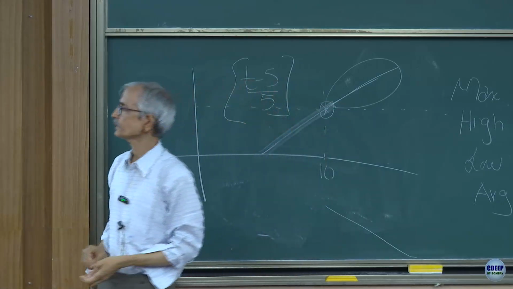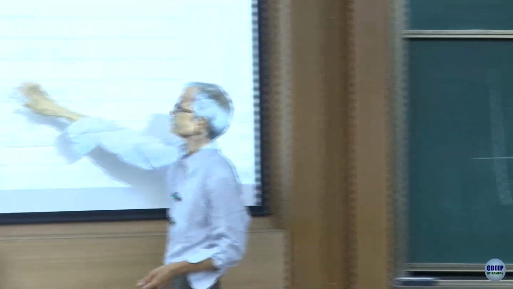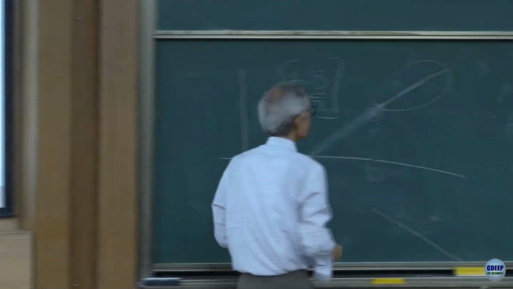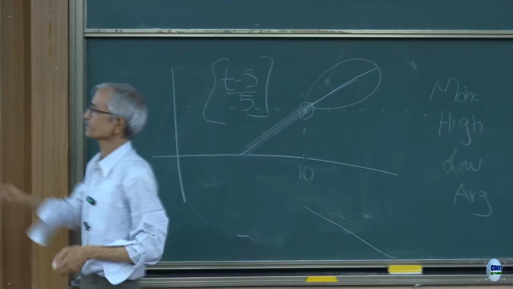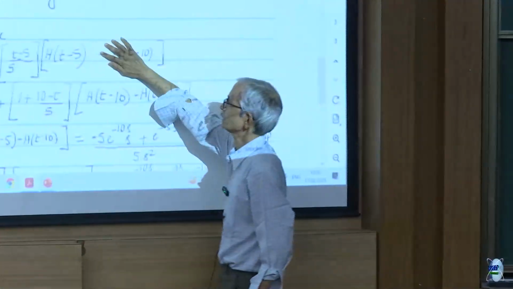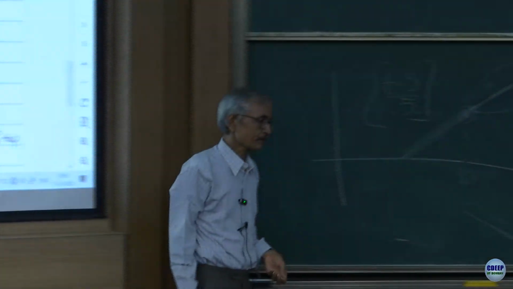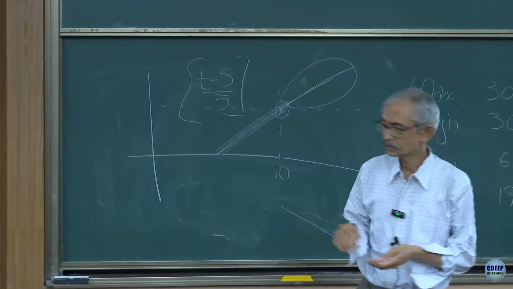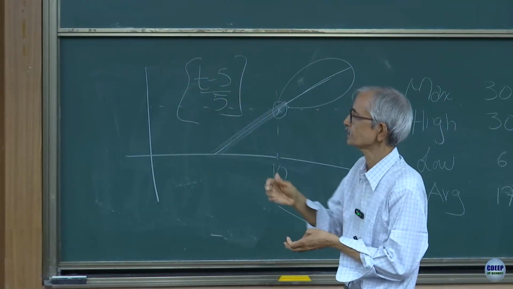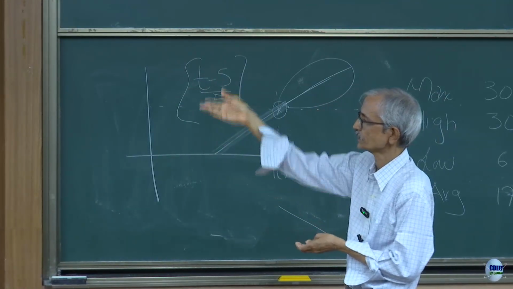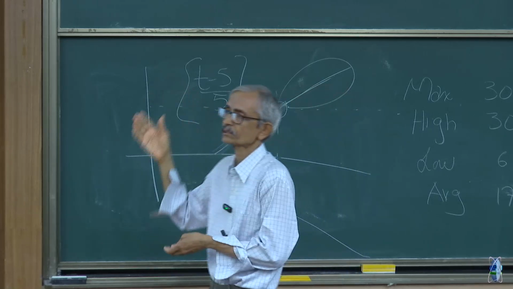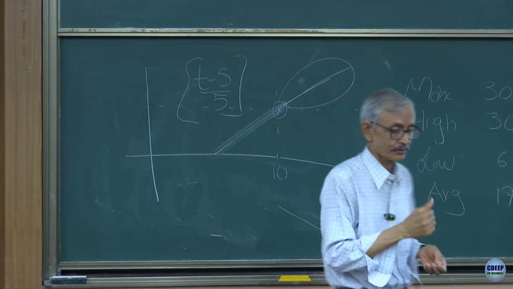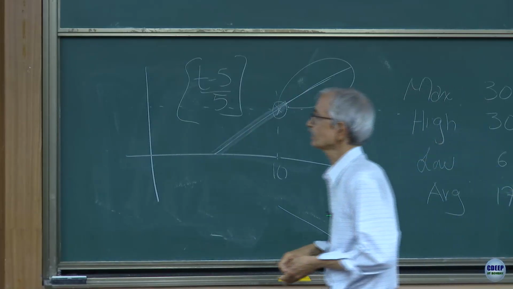So that's why you have an h(t minus 5) minus an h(t minus 10), and many of you have just not used this here. I have remarked on your papers that whenever you are trying to represent a function, you put the numbers back and check for yourself whether you are getting the function back or not. Okay, so if you are not getting the function back, it means that you need to do something else.